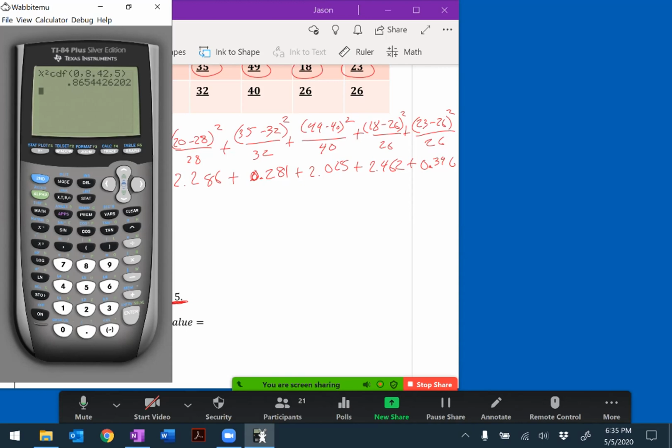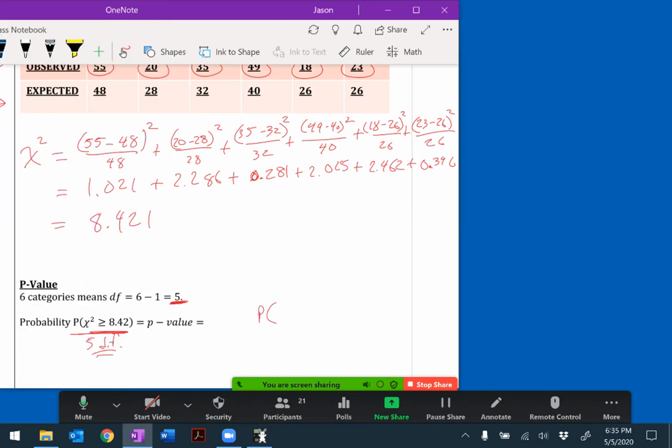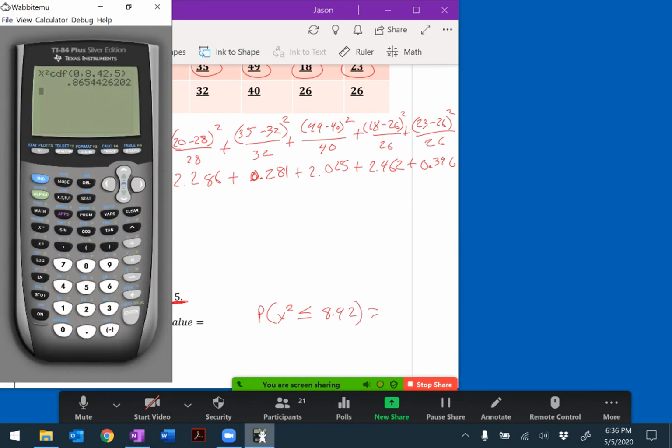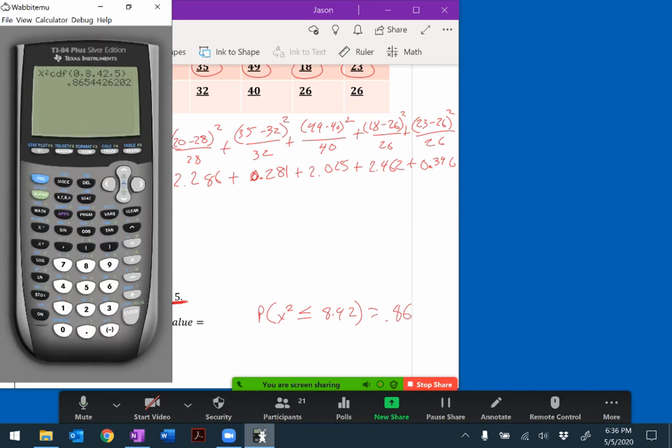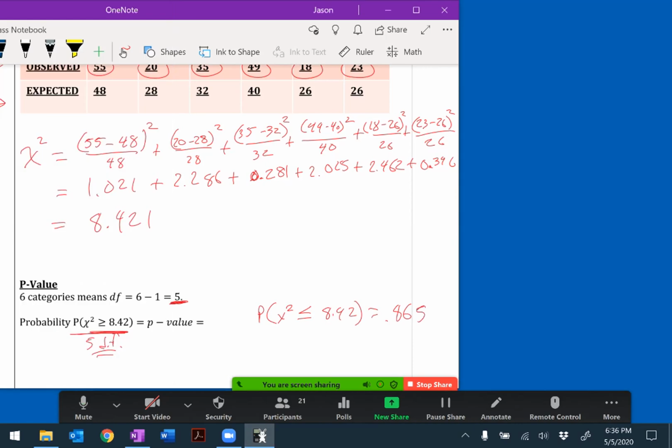So this is the probability that chi-squared is less than or equal to 8.42, which is 0.8654.